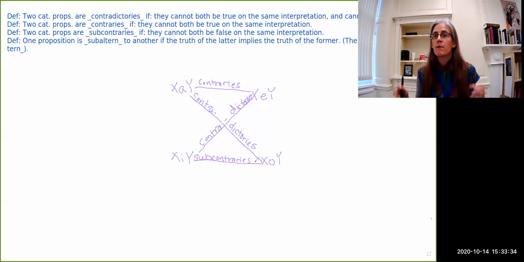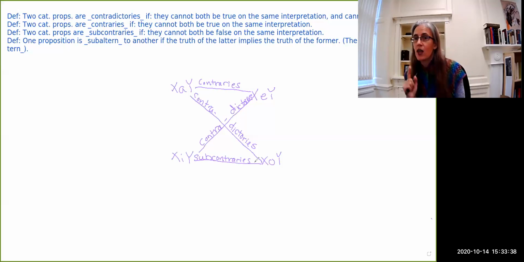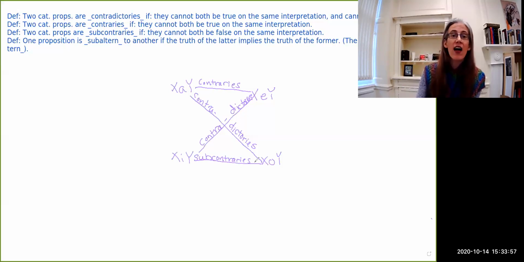This doesn't work because we are always assuming that there are cats. And this is an important notion. So remember back to the definitions of interpretations, we said that our interpretations have to be non-empty. So if I'm saying a statement about some cats, or all cats, or no cats, there has to be at least one cat.